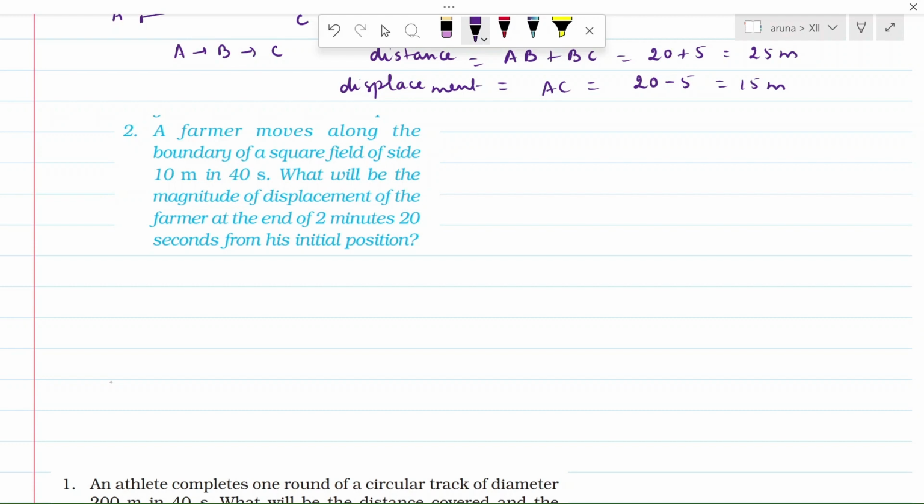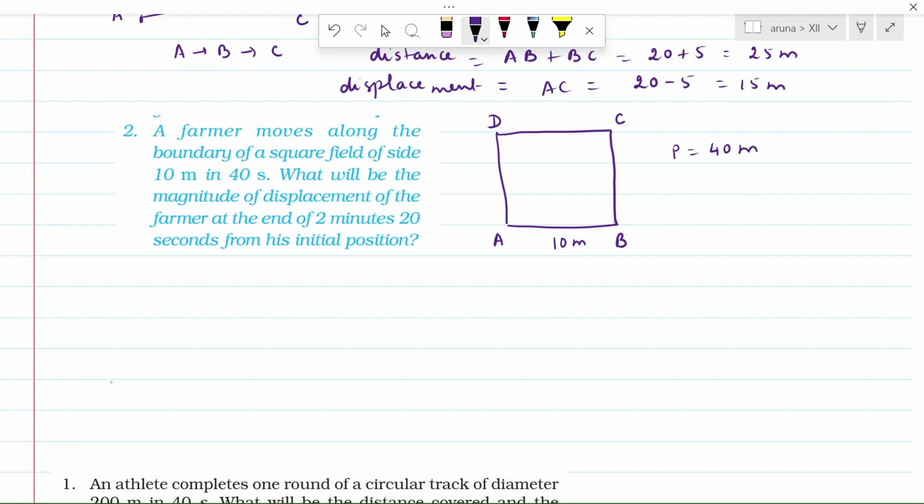Now, the field is square shaped, so it's like this. Let this be A, B, C and D. If the farmer is moving along the side in 40 seconds and one side is 10 meters and it's a square, all the sides give me the perimeter as 40 meters.